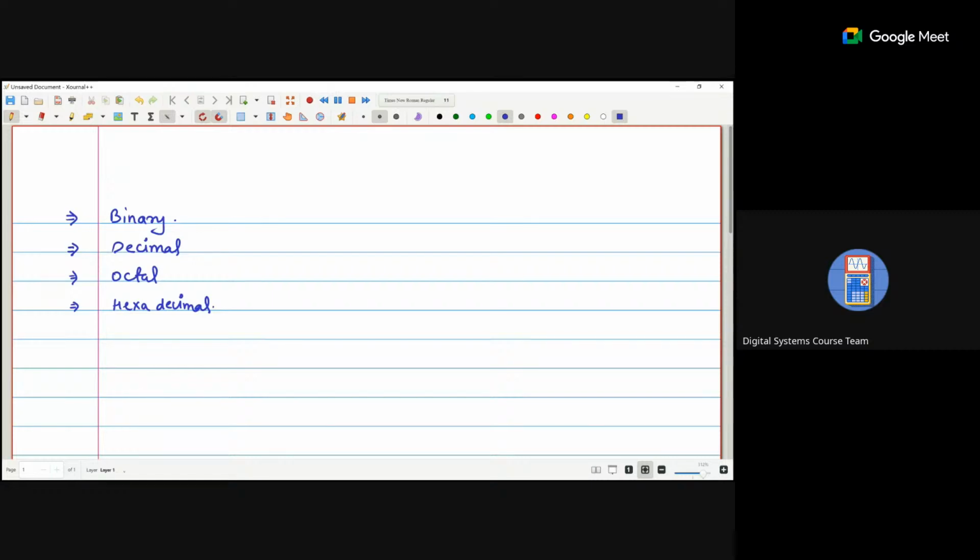Then we have a sign magnitude number, one's complement, and two's complement.